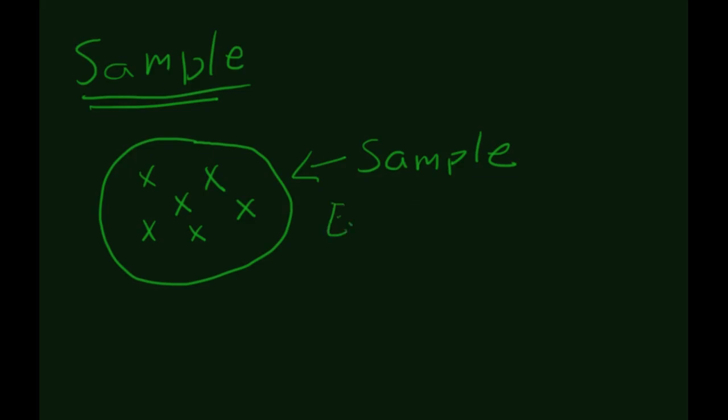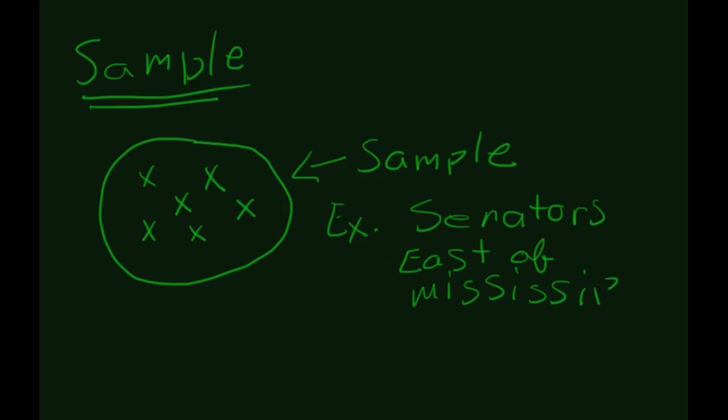So examples here could be U.S. senators that are in states east of the Mississippi. So senators that are east of the Mississippi River are a small collection of the entire population, which would be all of the U.S. senators.